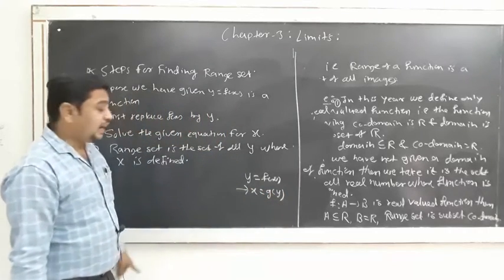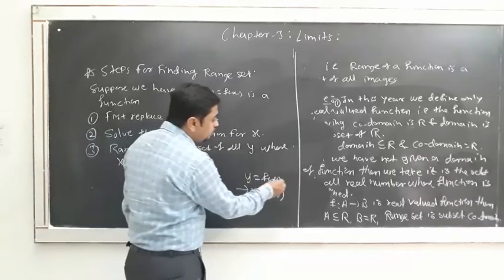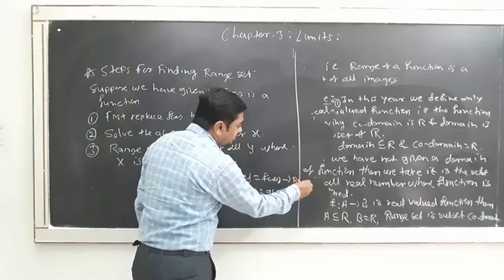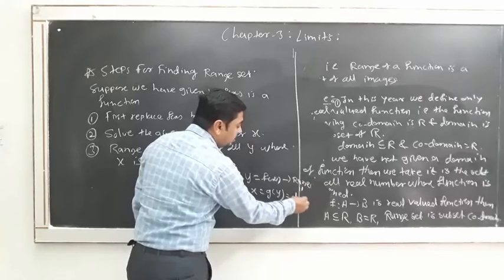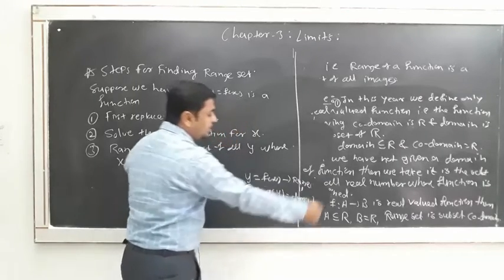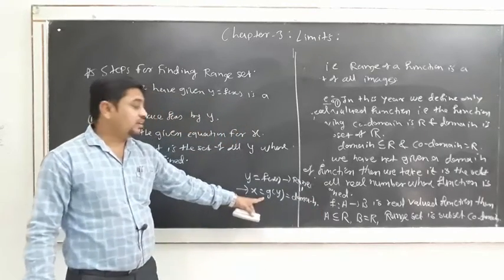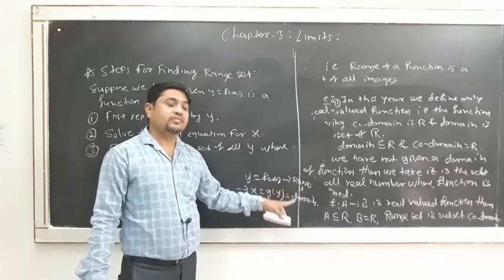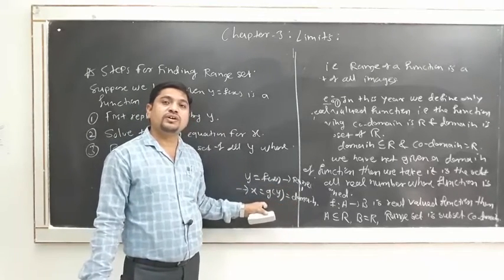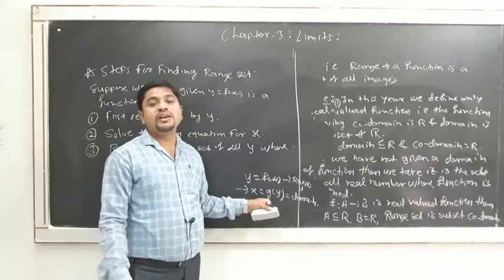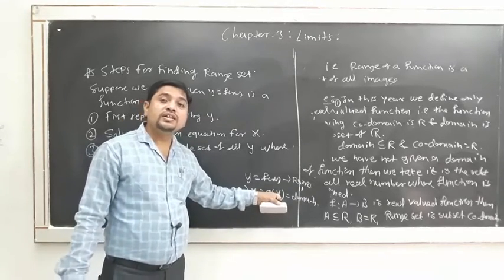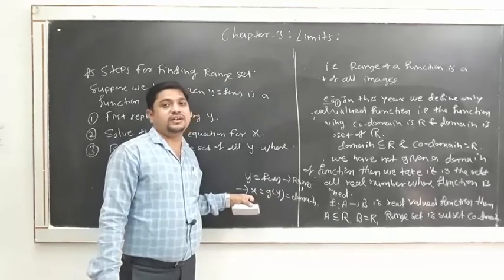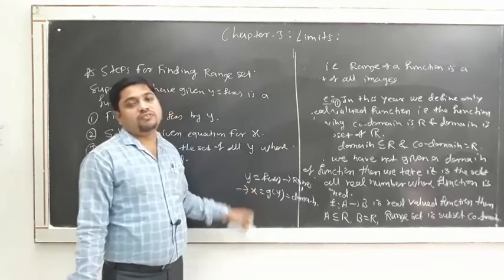And then the range set of the original function is equal to the domain of this function. And what is the domain? The domain is the set of all y where x is defined.